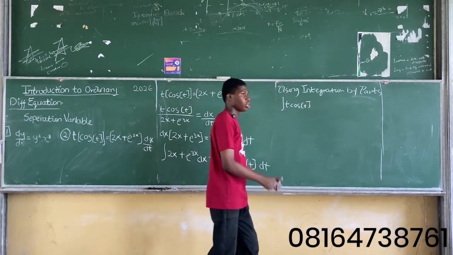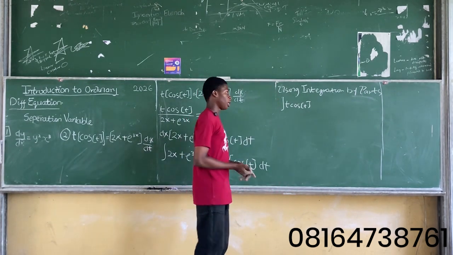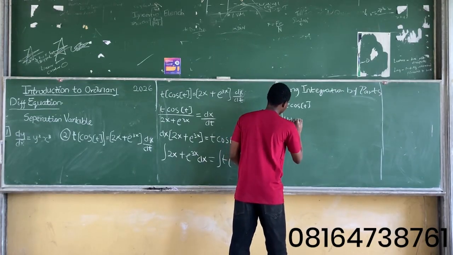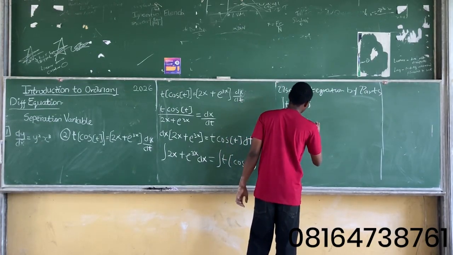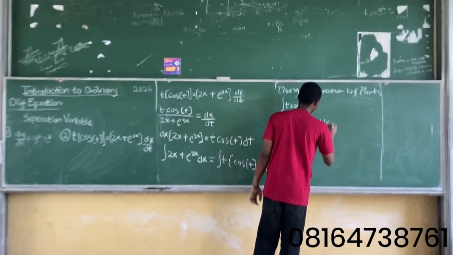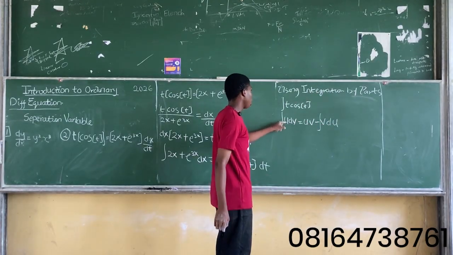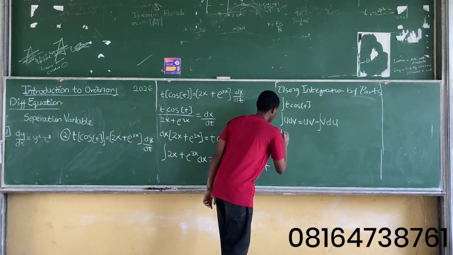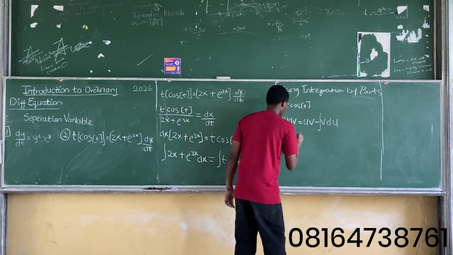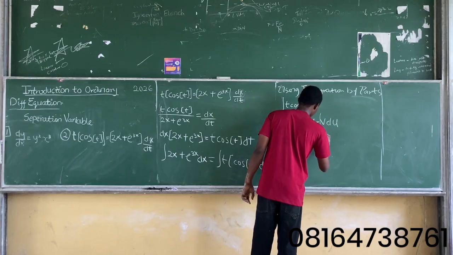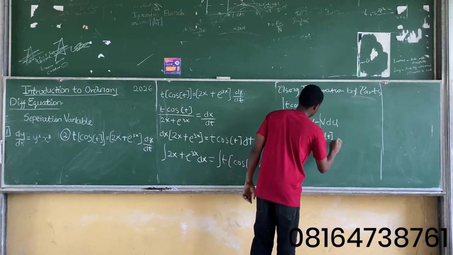Using integration by parts, we are going to summon the formula, which is basically the integral of u dv is equal to uv minus the integral of v du, whereby we can state that u is equal to t and dv is equal to cos t.